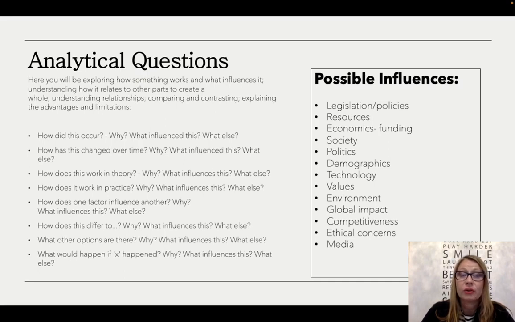There may be technological advances or influences. People's personal values can influence different things. The environment might influence what you're discussing.